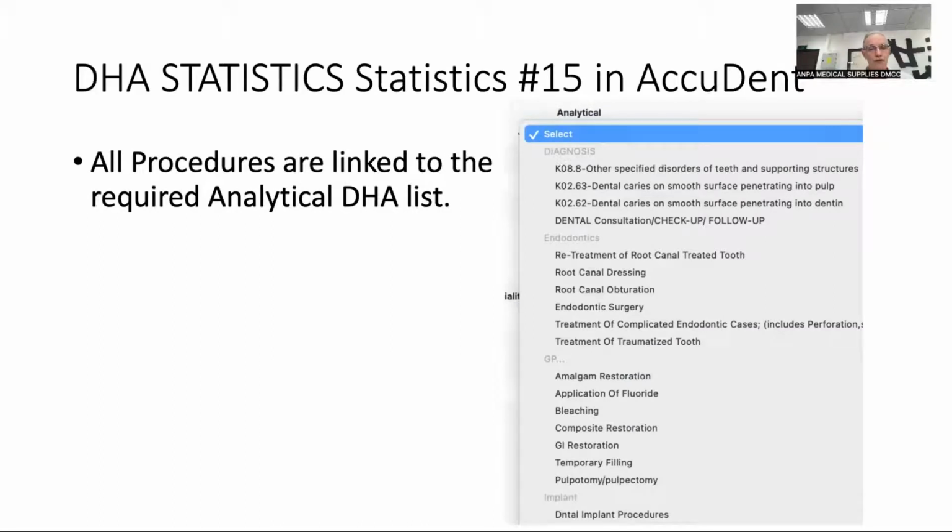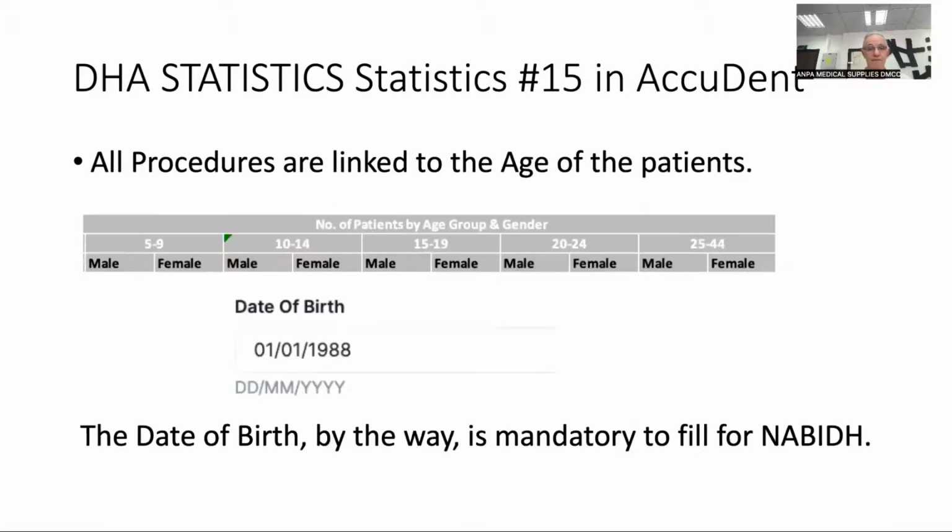All procedures are linked to the required analytical DHA list. And this is the list. We have implemented this list, and we will link every procedure that needs to be linked to one of these procedures. This will be very helpful when we have to edit the statistics. This is for statistics number 15. It is not linked to numbers 37, 38, and 39.